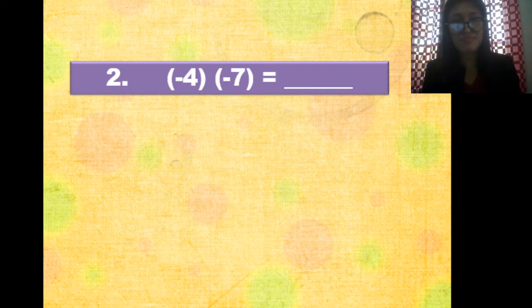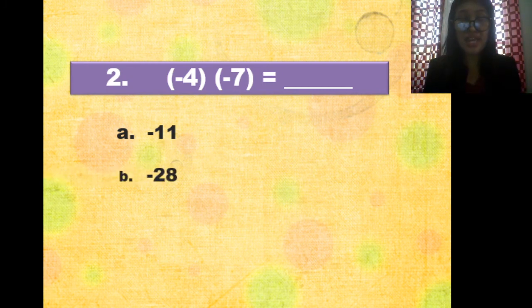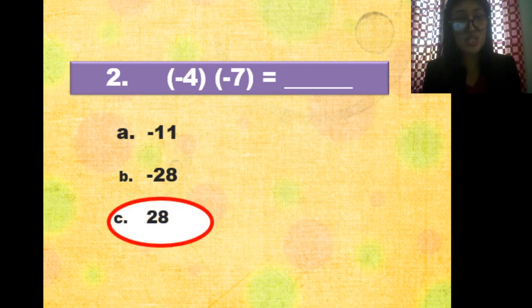Do not forget our rules. So, the product is negative 11, negative 28, or positive 28? What is the product of negative 4 times negative 7? The answer is 28. Very good.